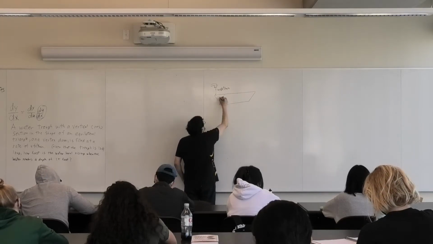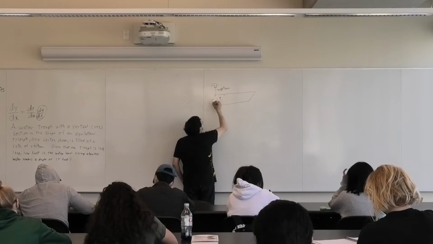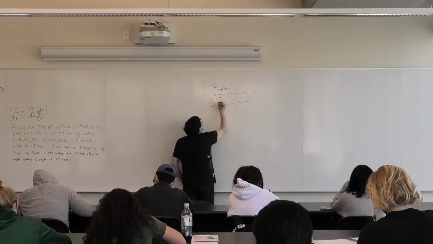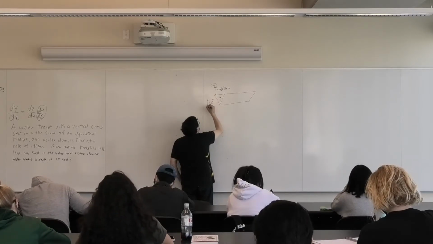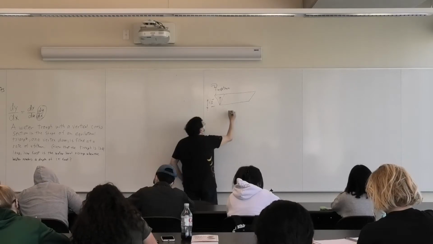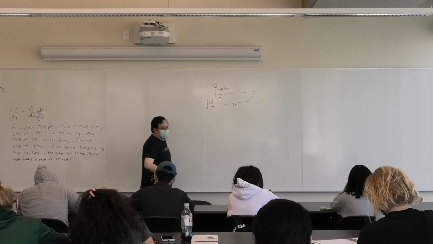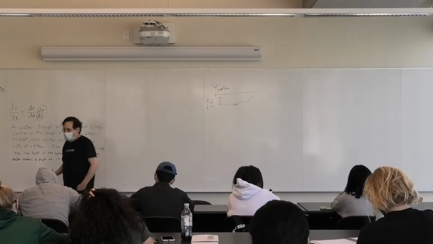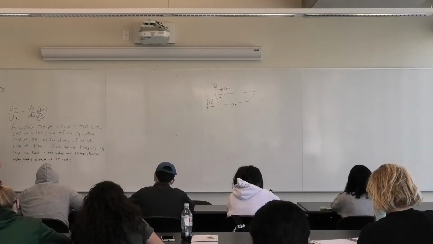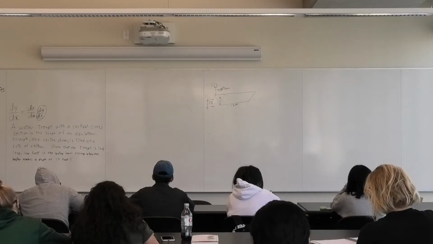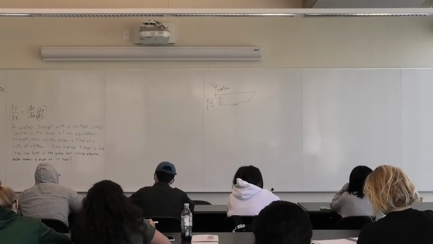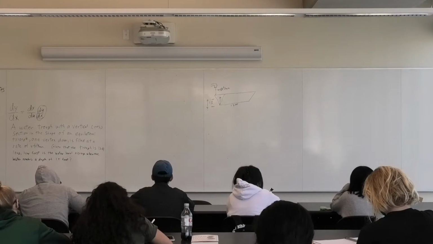And when it reaches 1.5 feet, how fast is it rising? And this is 12 feet long. So take a few minutes, see what you can do with that. It's usually easier with paper, though you can do it on a tablet.